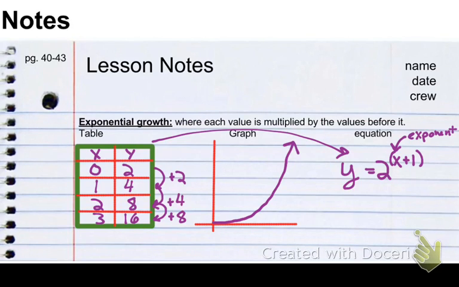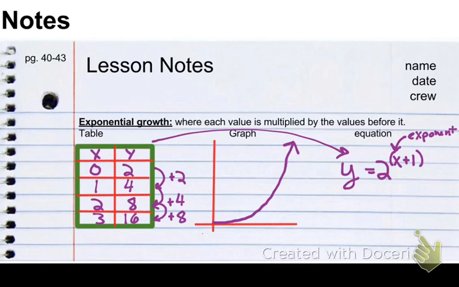Exponential growth is when we have a relationship, like a linear relationship, only instead of a linear relationship that goes up plus 2, plus 2, plus 2, plus 2, an exponential equation goes up by times 2.